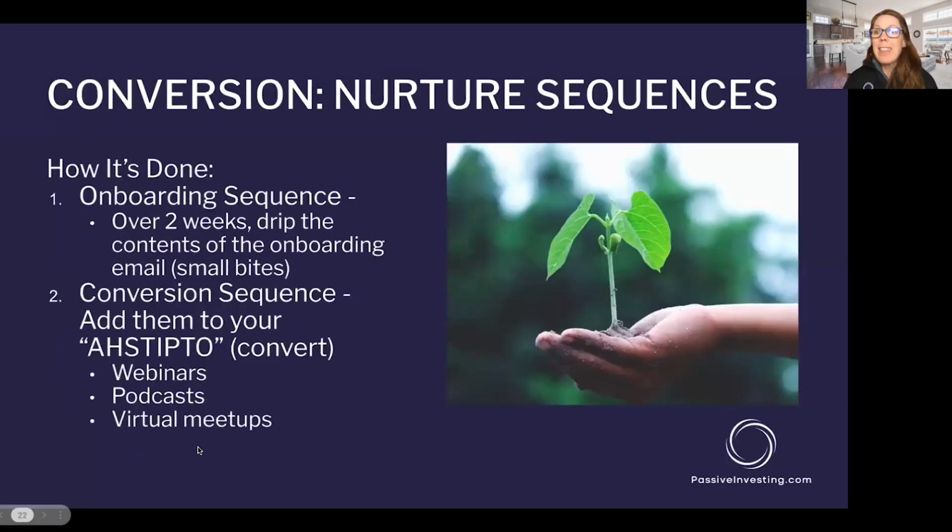And again, that onboarding email starts our nurturing sequence, because remember at the very beginning I said small bites, right? In that onboarding email, we also said don't send a wall of content, and here's why: you should turn this onboarding email into an automated sequence that drips over the next couple of weeks.